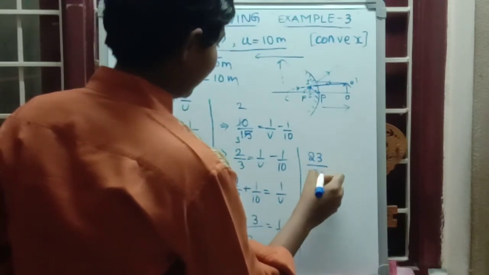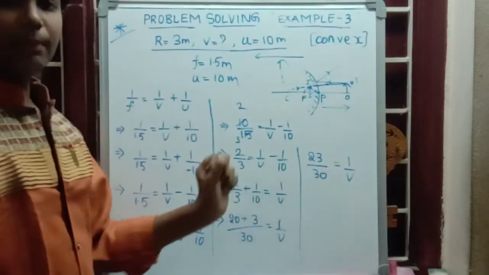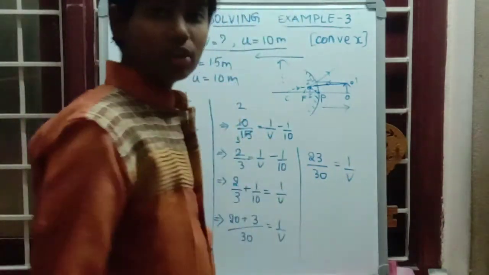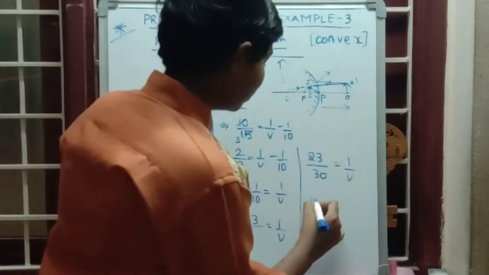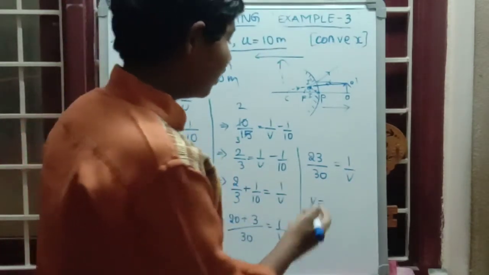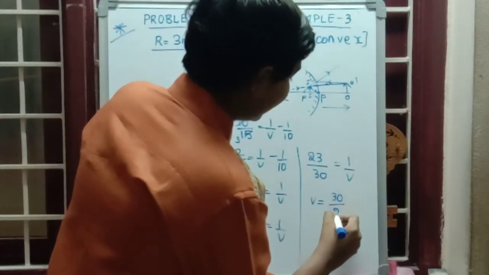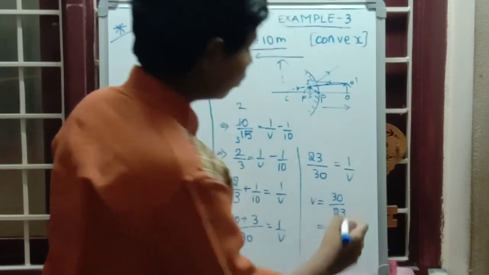So 23 by 30 is equals to 1 by V. V means we take the reciprocal; on the RHS we take the reciprocal, so LHS also we should do it. V is 30 by 23.